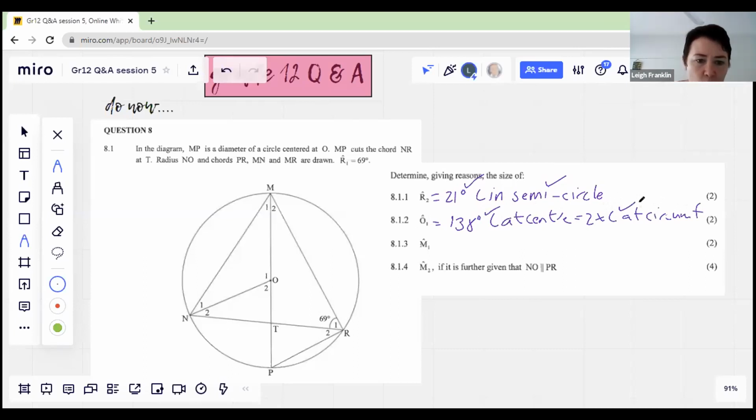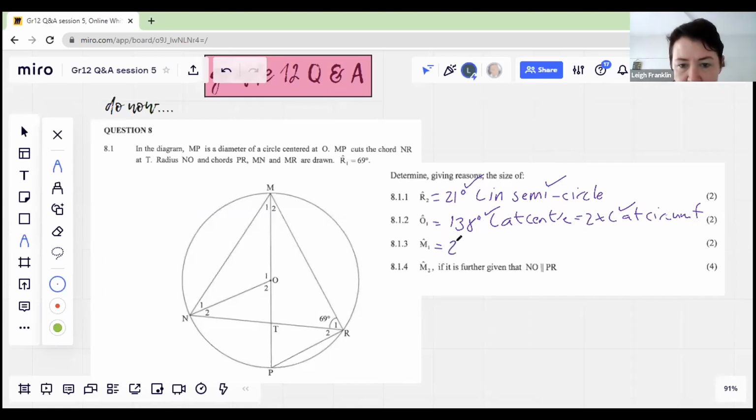All right, next one, M1. Okay, easiest way to do M1: again, if you put your fingers at N and P, follow N and P to R, you get to R2, go back to N and P, and follow your fingers to M1. So M1 is going to be the same as R2, and we already know that R2 is 21. What's the reason for this, guys?